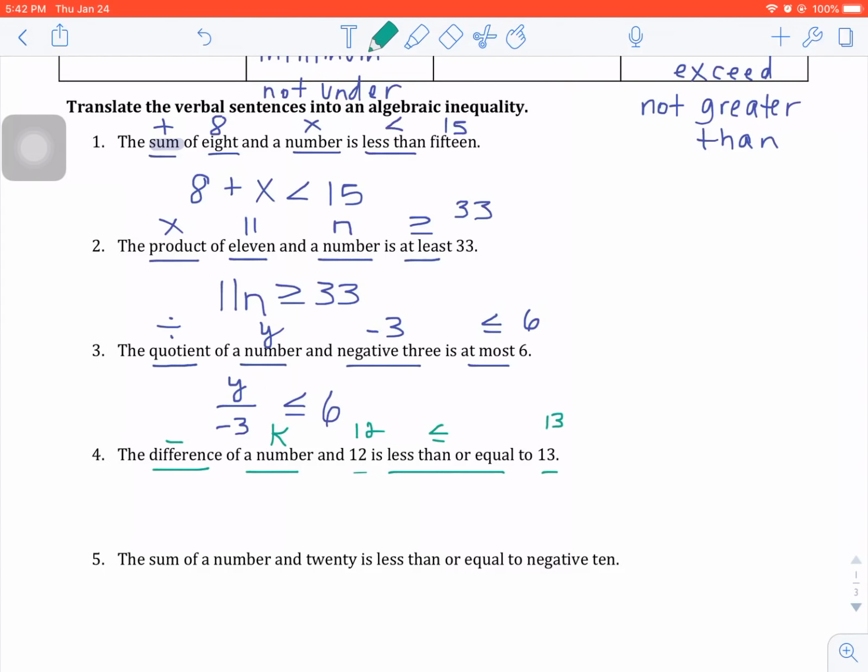Okay, so remember, unless we've got the turnaround words, we're just going to write our inequalities in the same order that the values are given. So we have the difference of a number and 12. So we are going to say K minus 12 is less than or equal to 13.